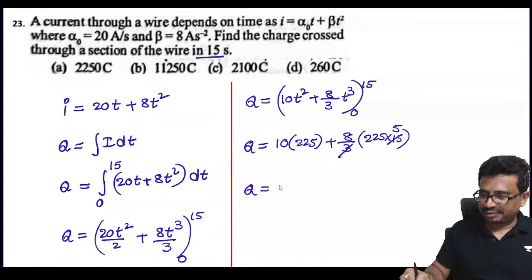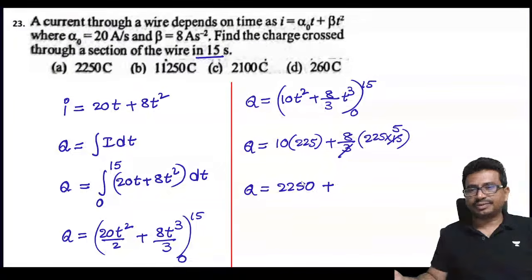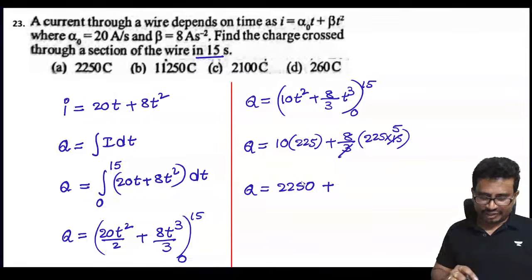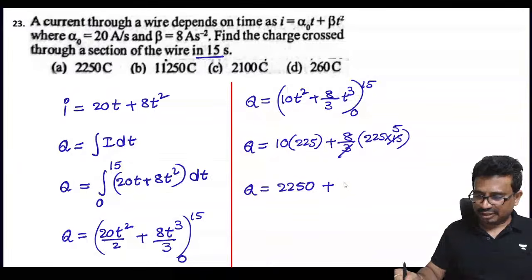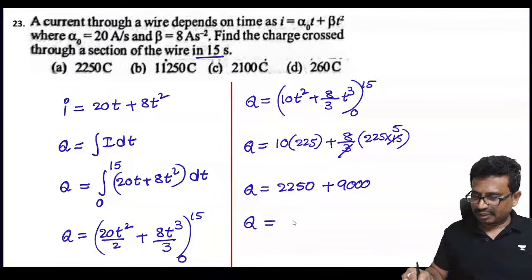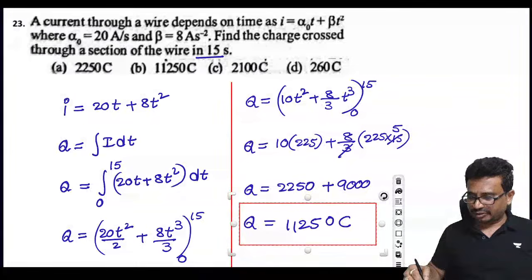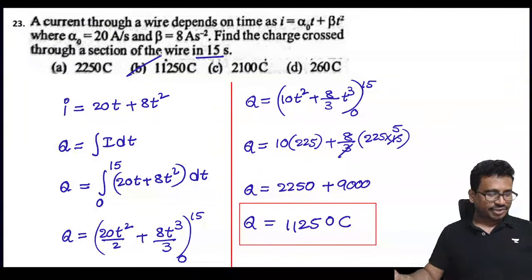Then the Q value is 2250 plus how much this value? 8 5s are 40, 40 into 225, that is 9000. So how much is this value? 0, 5, 2 to 11. So this is 11,250 coulombs. Option B.